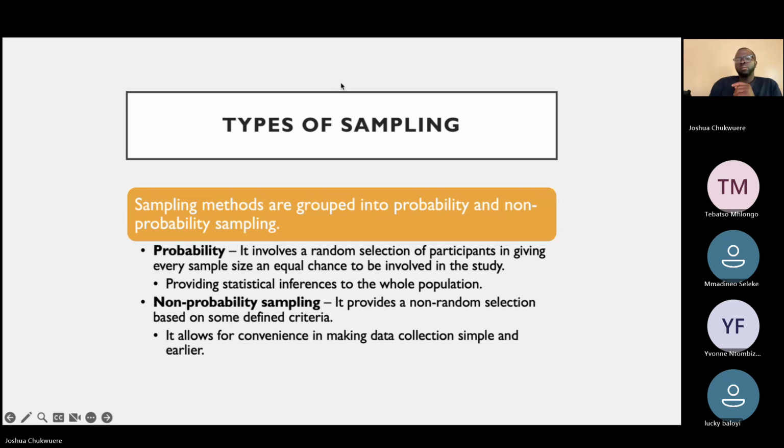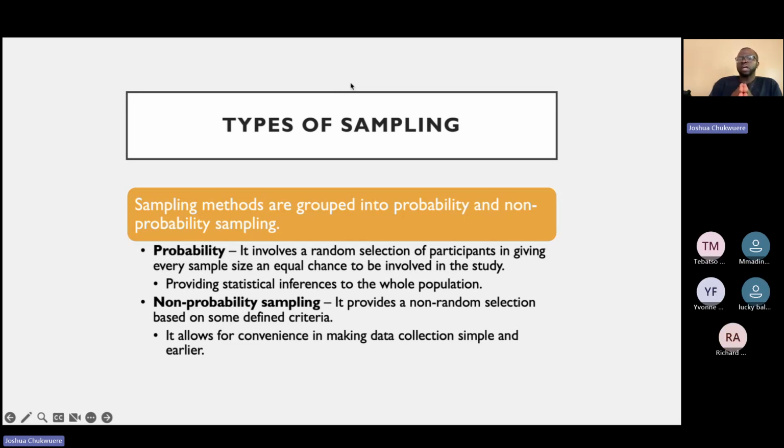Now, because we have established what sampling is all about, there are different kinds of methods of sampling, different types of research sampling that you can see. Sampling is grouped into probability and non-probability sampling.